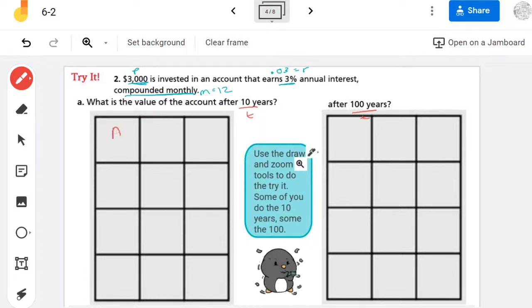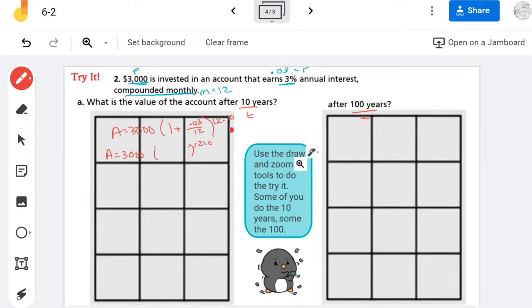So I get that my amount is equal to my principal times 1 plus my rate divided by my number of times compounded, raised to the number of times compounded times 10. Alright, now I'm going to clean this up. I'm just going to use my little Desmos calculator in a second, because it's easier.